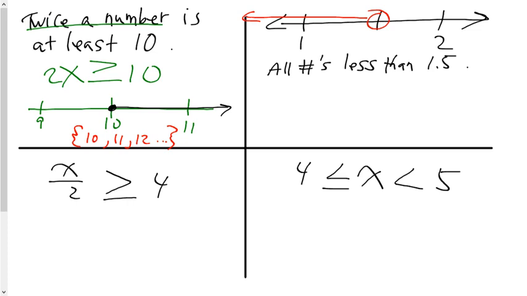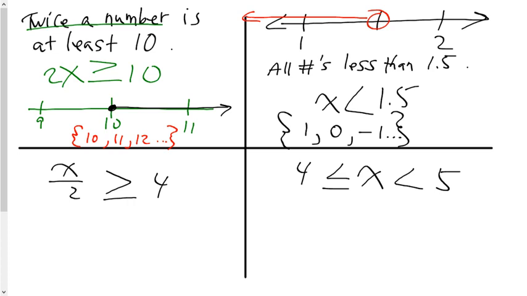And from an inequality, all numbers less than 1.5 is our inequality. A set of numbers that would encompass. What's a number that's less than 1.5? Well, if I think of my first whole number, 1, 0, and -1 would be the first three integers that are less than 1.5.